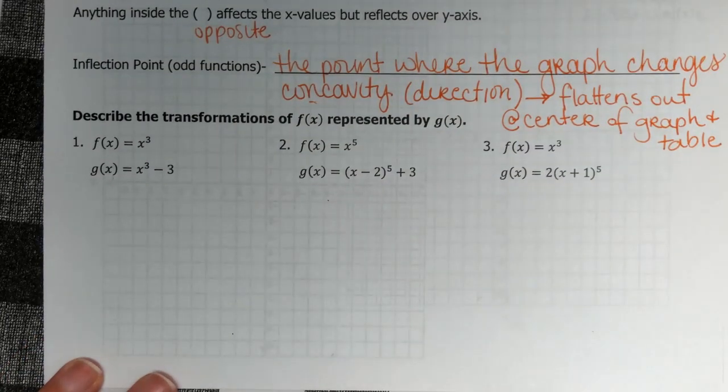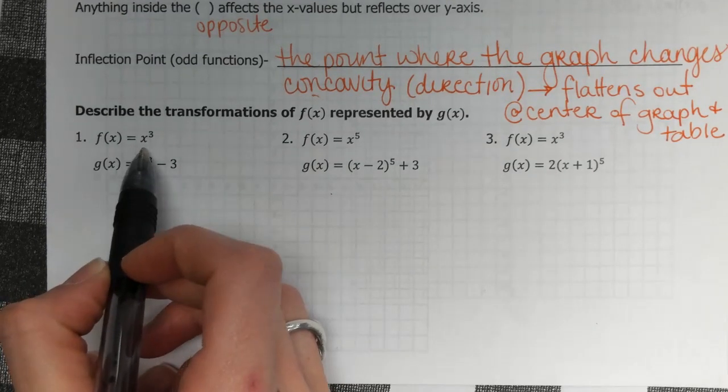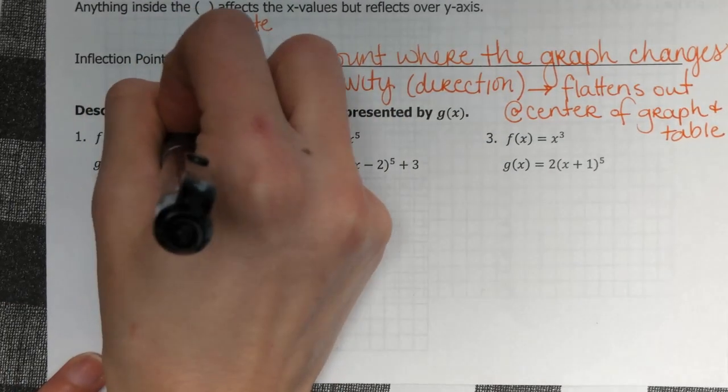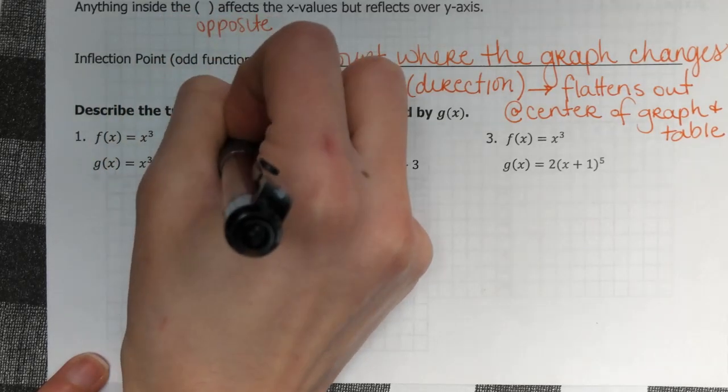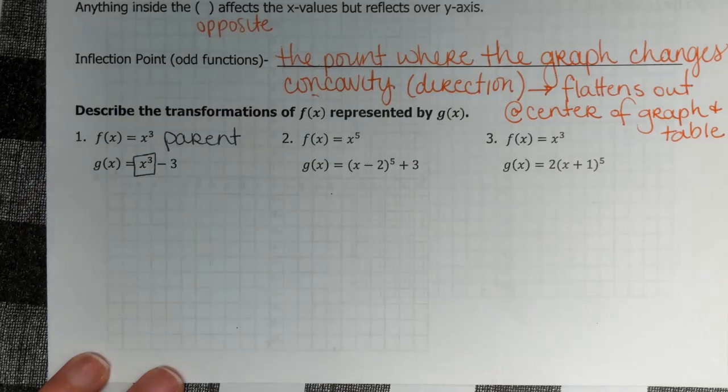Okay, so our first three examples, all we're doing is describing the transformation. So if I have f of x equals x cubed, that is my parent function. Anything other than x cubed is a transformation. So I'm going to box in my x cubed.